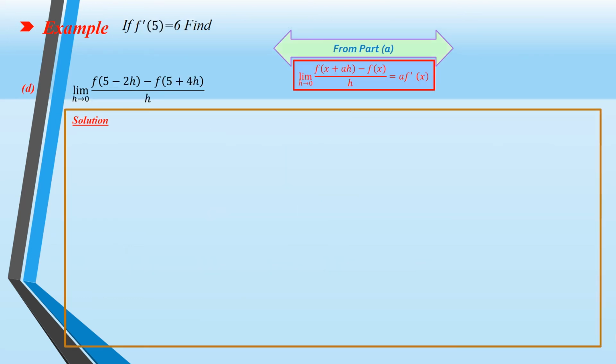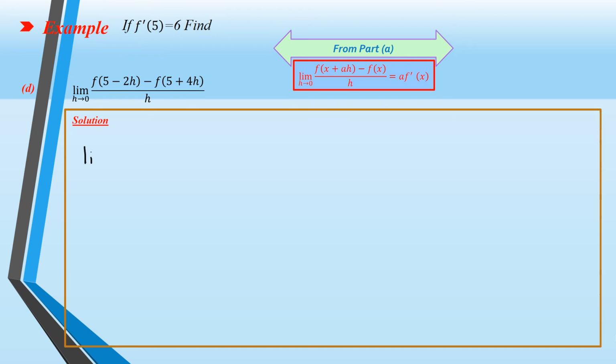In part D, you have to find the limit of f of 5 minus 2h minus f of 5 plus 4h, divided by h, when h goes to 0. So you have to add and subtract a quantity, and this quantity is f of 5.